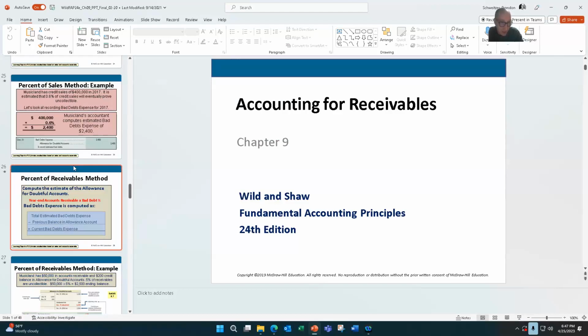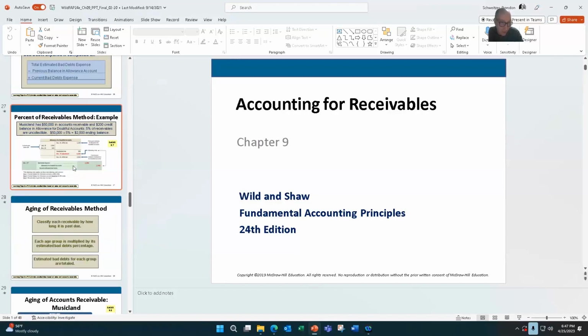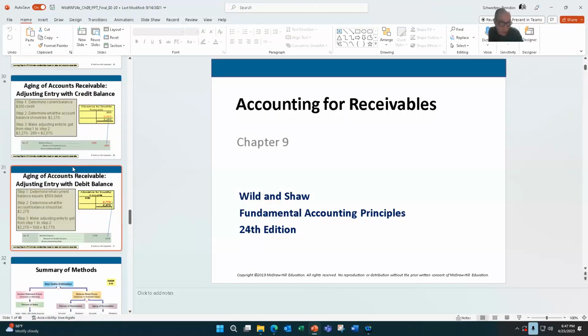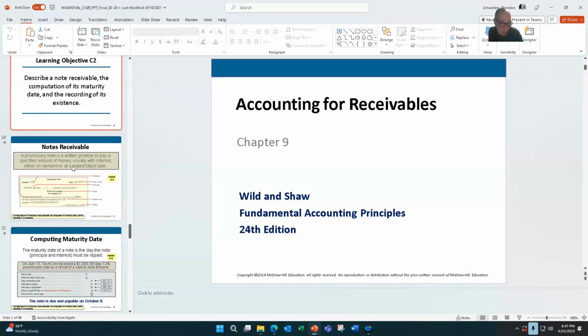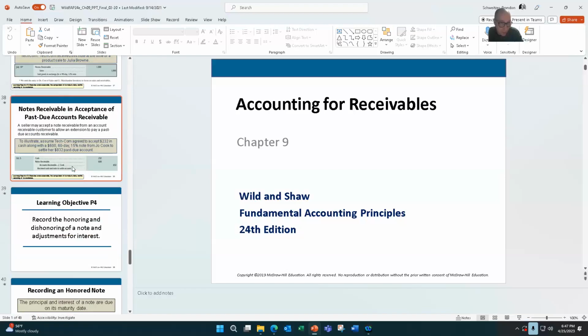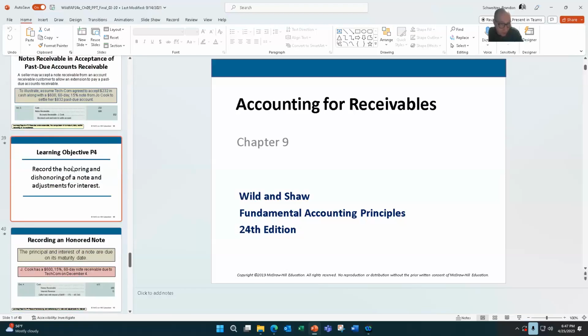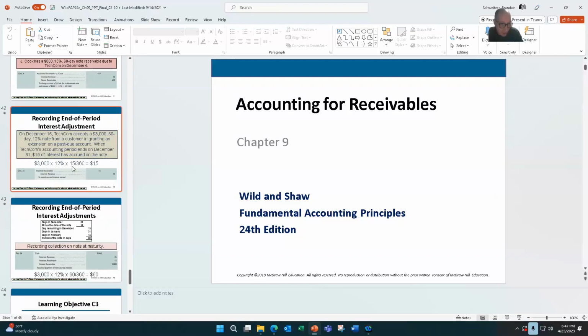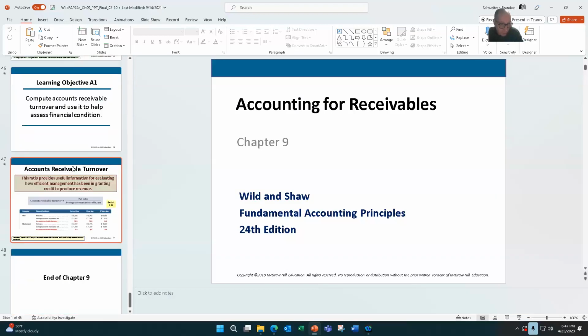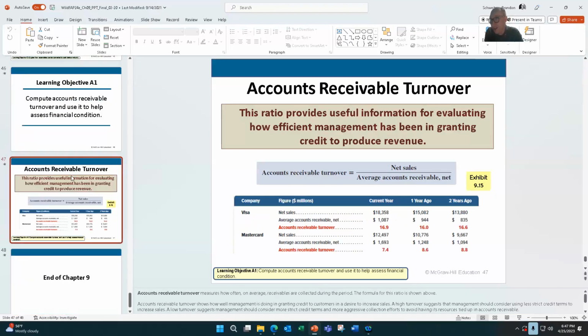My guess is we talked about that toward the end, because that's where we normally do our ratios. Oh, look at that. It's the second to last slide. Accounts receivable turnover definition is net sales divided by average accounts receivable.